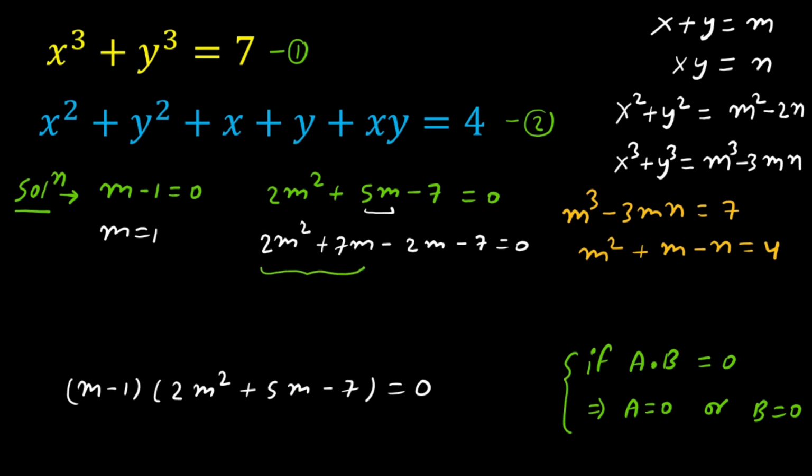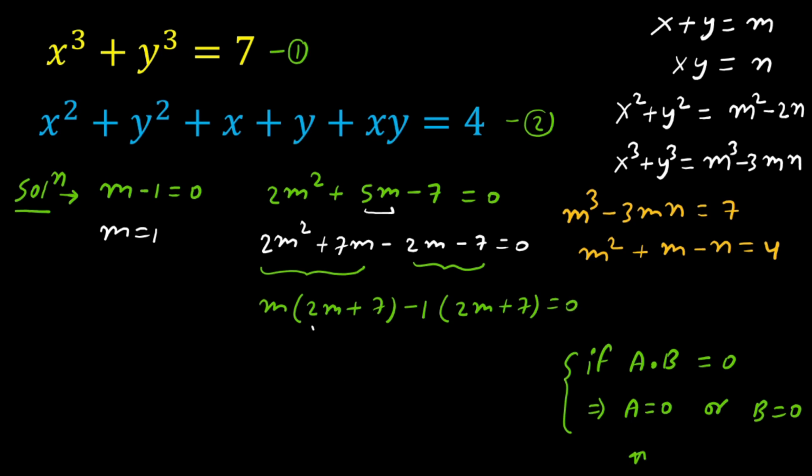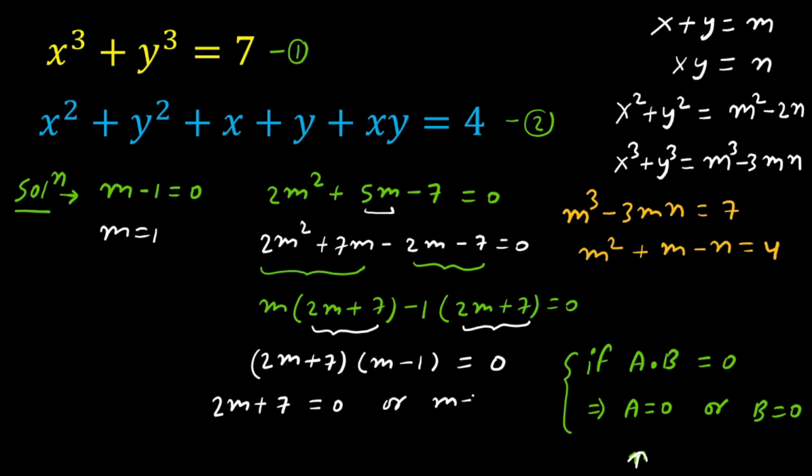Look carefully at these two terms. If we take m common, we get m(2m + 7), and from the other two terms, -1 is common, so -1(2m + 7) = 0. Taking 2m + 7 common, (2m + 7)(m - 1) = 0. Applying the rule again, 2m + 7 = 0 or m - 1 = 0. So the value of m is -7/2 or 1.